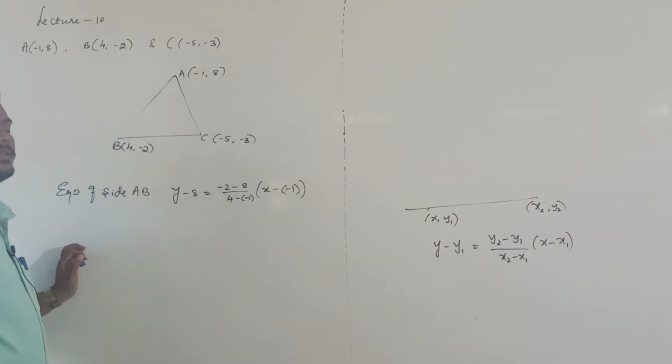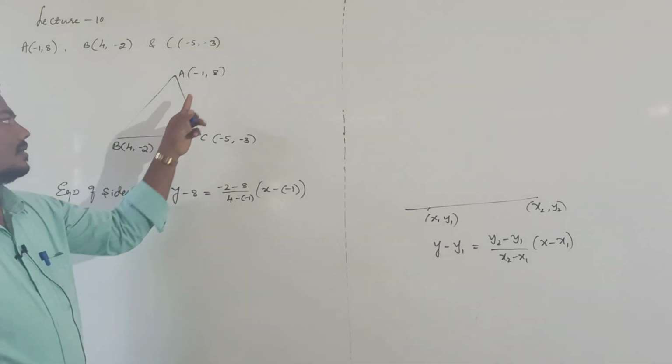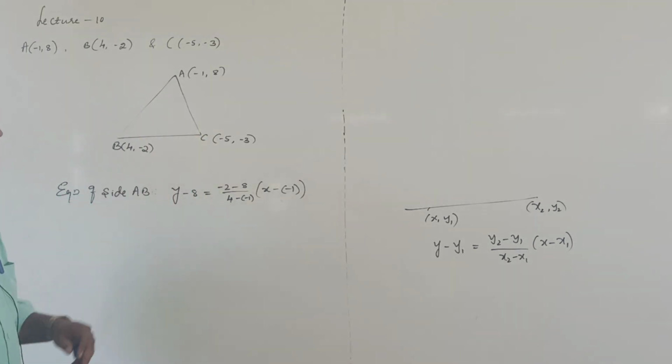The x1 value is -1, the x2 value is 4, the y1 value is 8 and the y2 value is -2.